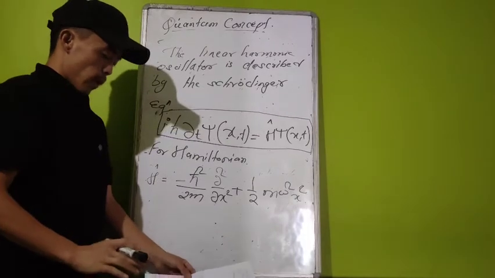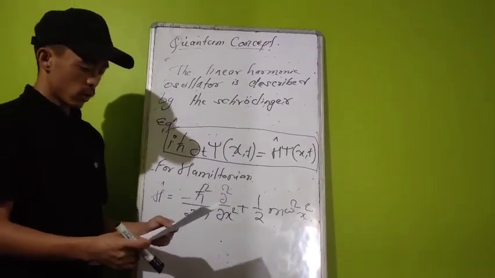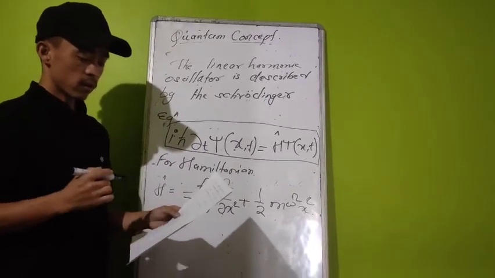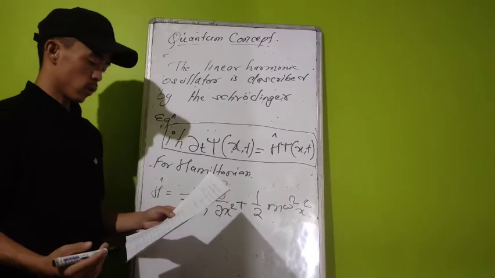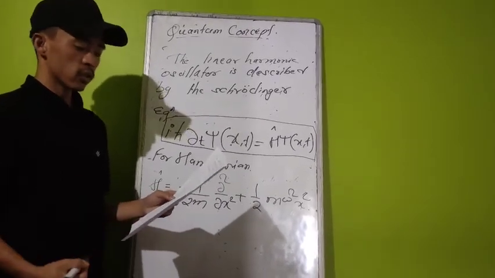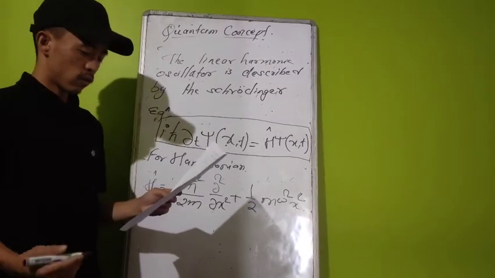Basically, this equation comprises one of the most important examples of elementary quantum mechanics. There are several reasons for its pivotal role. The linear harmonic oscillator describes vibration in molecules and their counterparts in solids, the phonons.